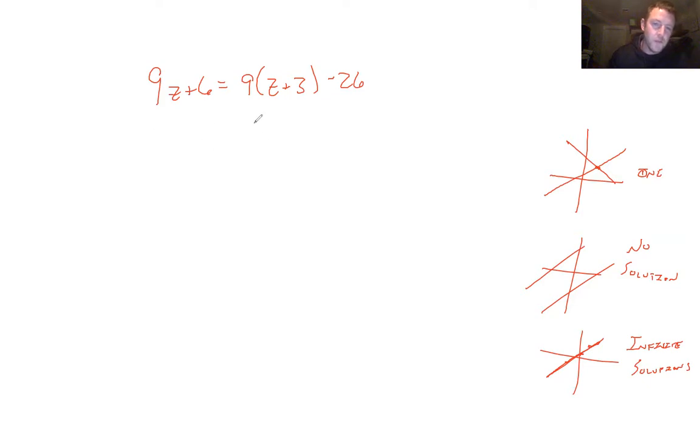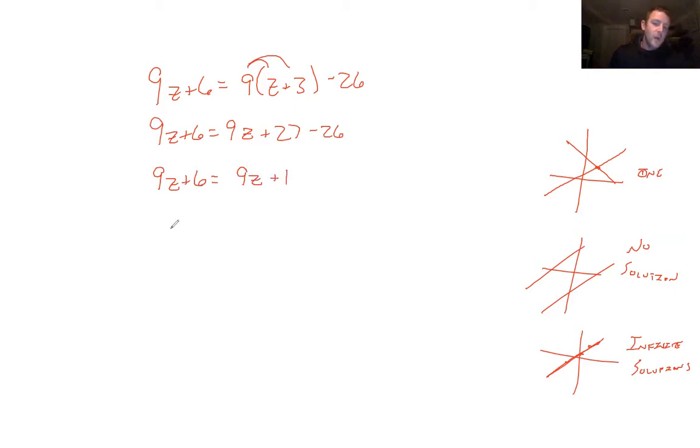So let's go ahead and solve this one. The first thing you're going to do is distribute the 9 on that side. So 9z plus 6 is going to be 9 times z plus 27 minus 26. Simplify this side. So I have 9z plus 6 is equal to 9z plus 1.